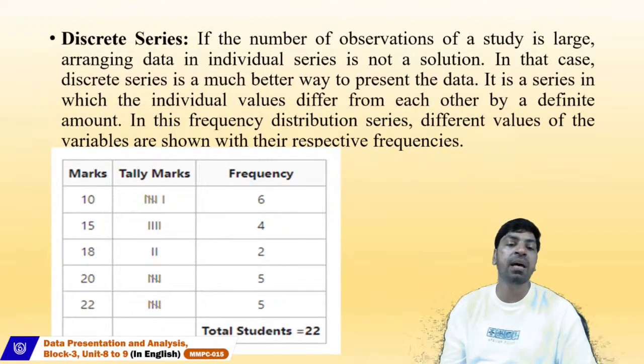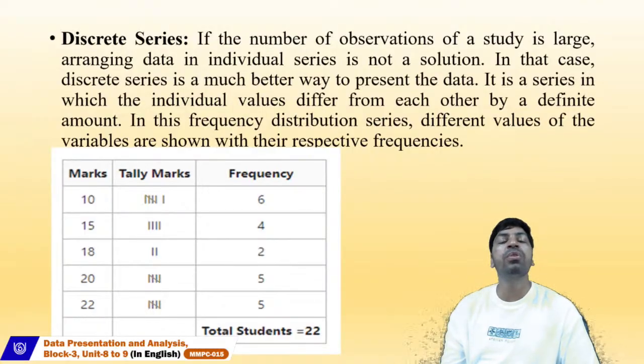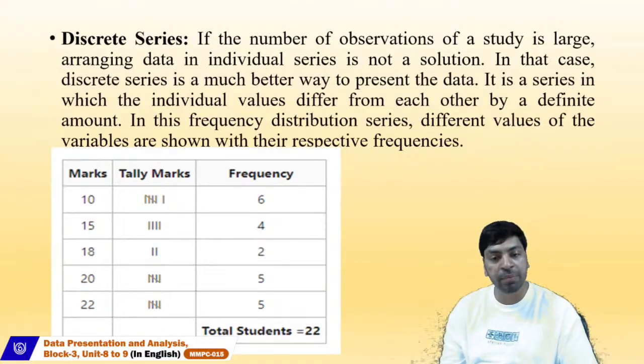If you look at the tabular statement, the marks are already given, 10 to 22. The frequency is also given: the 10 marks comes 6 times, so the frequency becomes 6. 15 marks comes 4 times, the frequency becomes 4. 18 marks comes 2 times, frequency becomes 2, and so on.